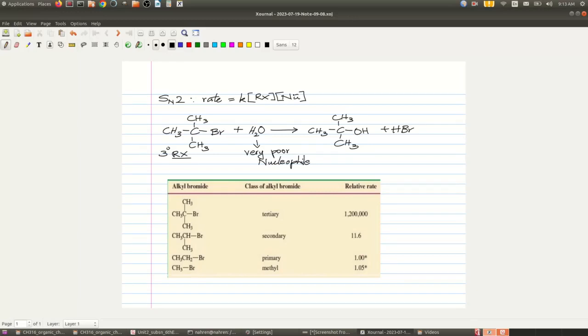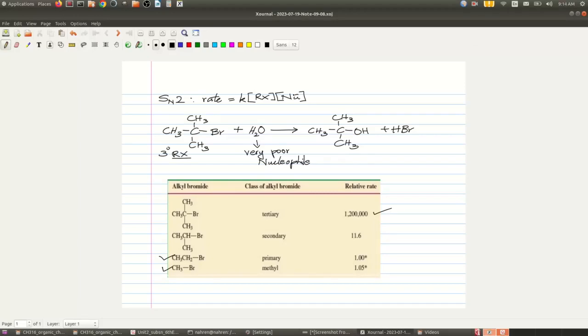Compared to an alkyl halide which is unhindered, like a primary or a methyl alkyl halide, this reaction is about 1 million, or 12 lakh, times faster than an unhindered primary or methyl bromide.